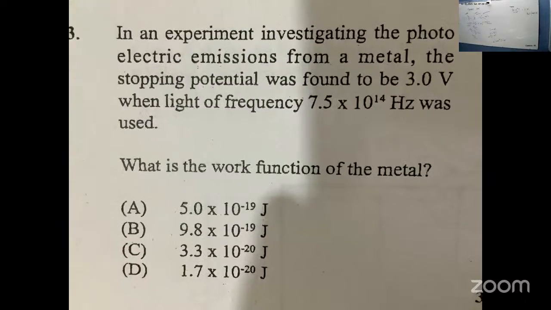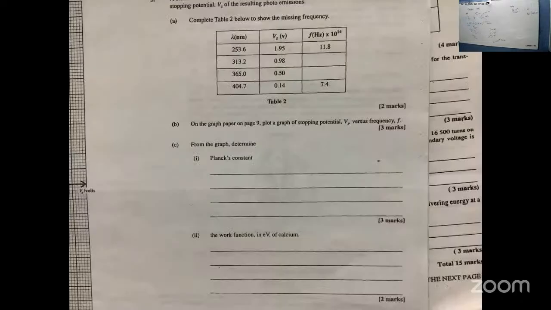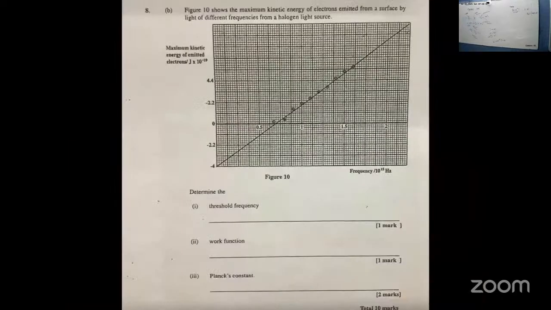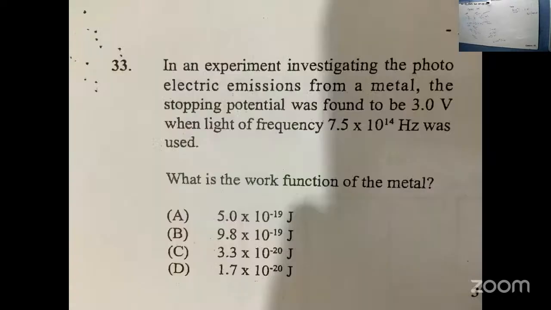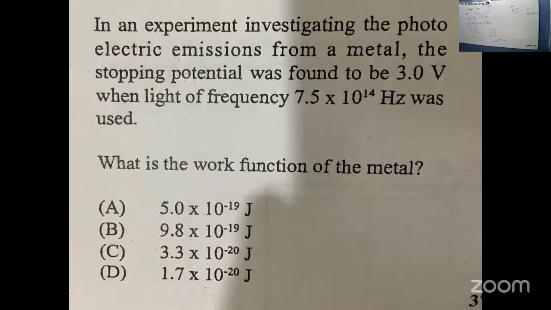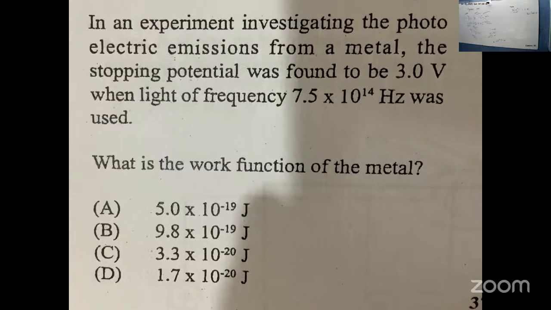You need to do the graph, right? Oh yeah, do this one please. Can I get one right here, please? Oh yeah, try this please.